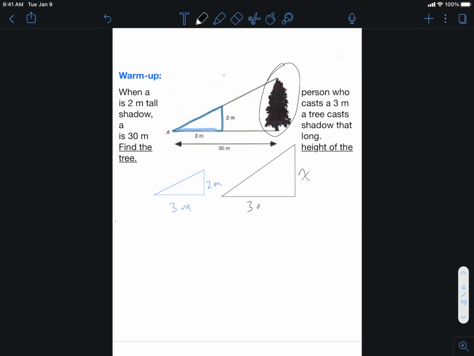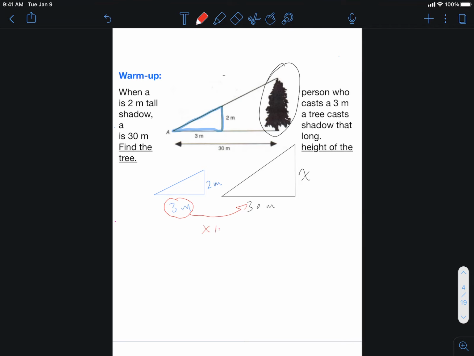I showed you 2 different ways yesterday, but you could look at these 2 triangles side by side once they're drawn like this, and this is why I was pushing you towards drawing 2 separate triangles yesterday. You can see the similar side lengths: one's 3 meters and the other is 30 meters. So how do I go from 3 to 30?